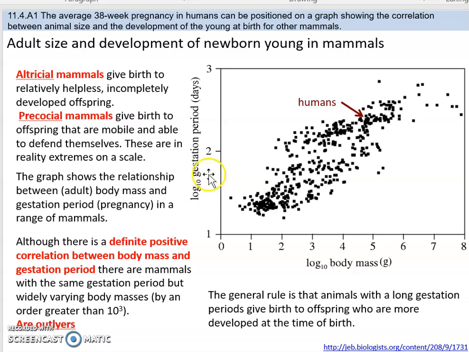Just draw attention to the fact that this is a logarithmic scale here. So in general, the larger the animal, the greater the gestation period. But bear in mind that there are outliers, and there are some organisms which don't correlate to that, which is why this is not a directly straight line here.